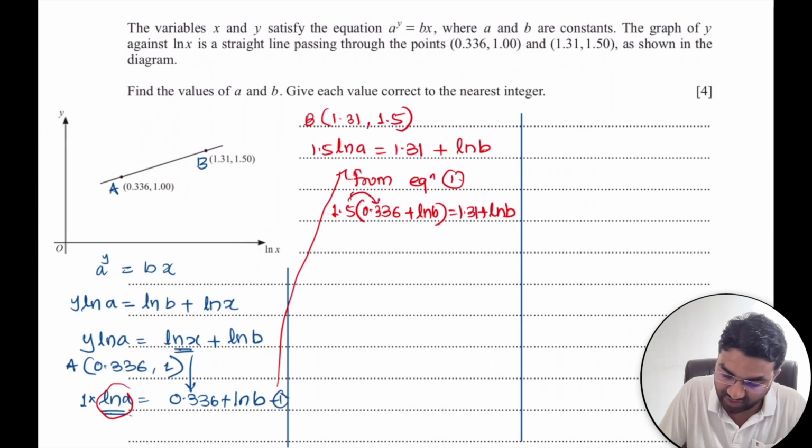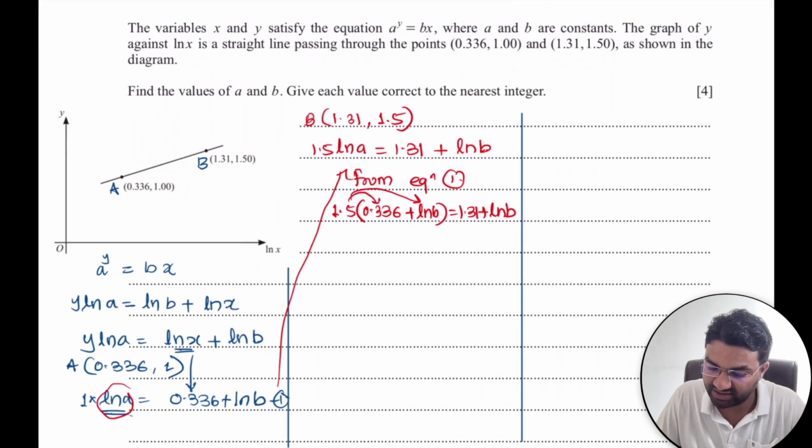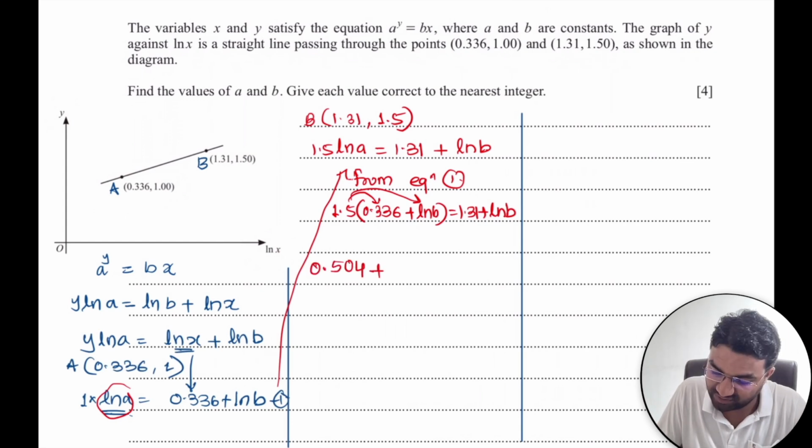Now expand this part. You can do this straight away in the calculator: 1.5 times 0.336 is 0.504, plus 1.5 ln b = 1.31 + ln b.